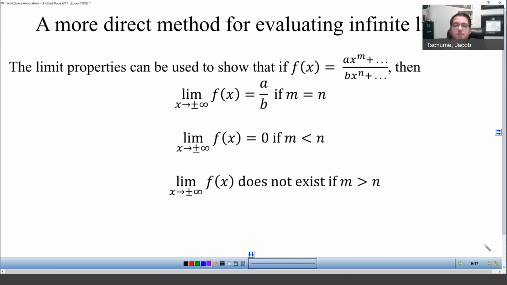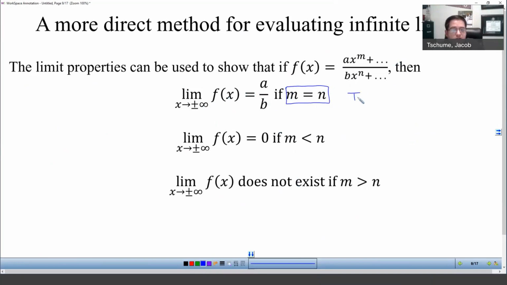So the limit properties can be used to show that if you have a function of a rational kind, so you have a bunch of x terms on the top and a bunch of x terms on the bottom, then the following has to be true. If you take the limit as x approaches positive or negative infinity of f of x, your answer will always be a over b if your power of m is equal to the power of n.